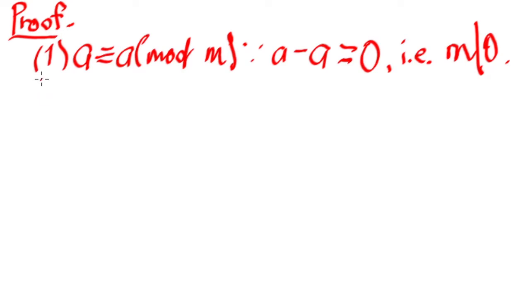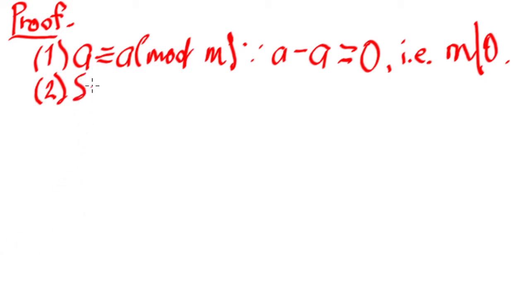It's proven. For the symmetric property, how do we prove that if A is congruent to B mod M, then B is congruent to A mod M? How do we prove that it's true if we interchange the integers?